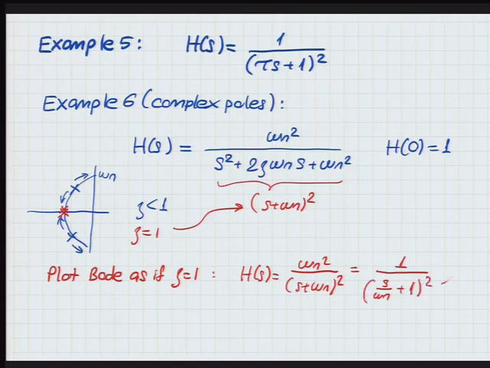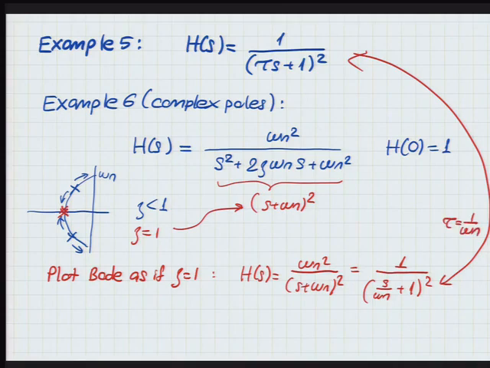So that looks just like that, right? Aren't they the same? What is tau in terms of omega n? 1 over omega n, right? Same thing. So what we do then, if we are drawing a Bode plot for a second order term like this, we make a plot as if we're making a plot for 1 over (tau s plus 1) squared, right? So that will be the last Bode plot you see in this lecture. Oh, what did I do? Actually, no.